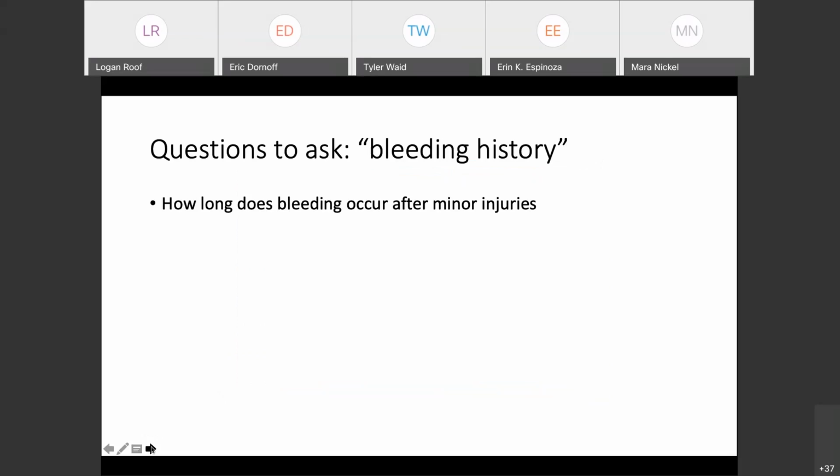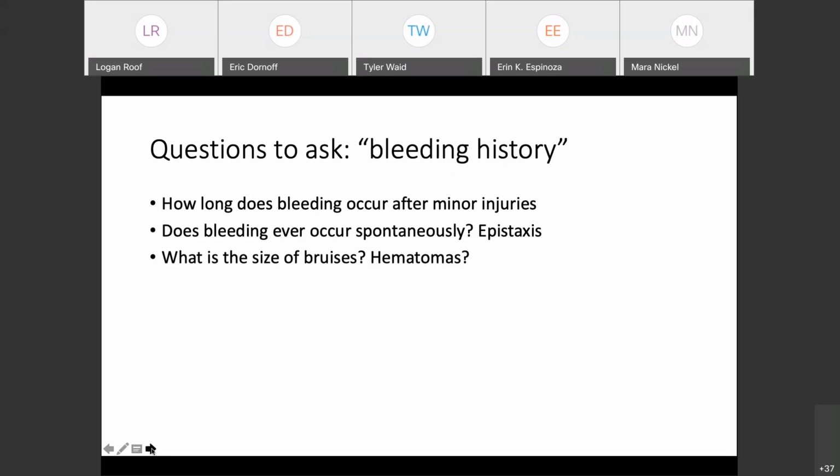Have you ever had extraneous bleeding? Does bleeding occur spontaneously, such as with epistaxis or minor gum injury when brushing his teeth? What's the size of the bruise? Are they just dime-sized bruises that he gets after hitting his thigh on the side of a table, or are they really large hematomas like we just saw?